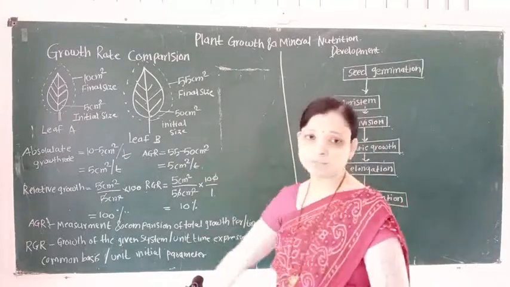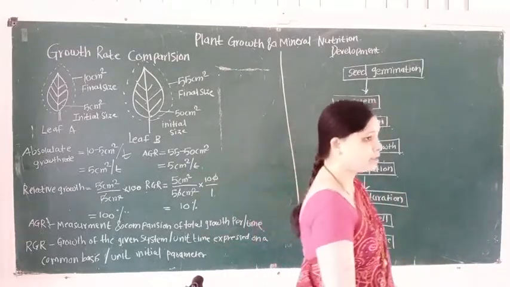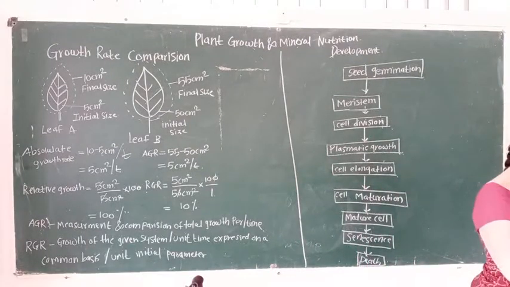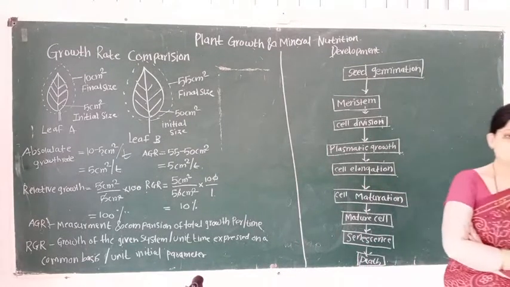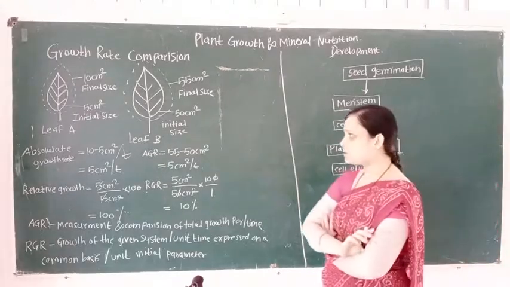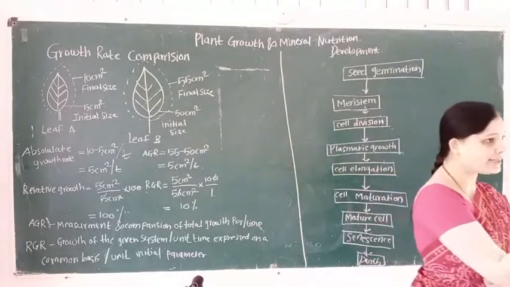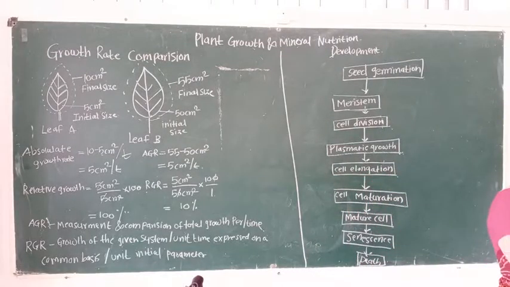Then we observe the second diagram. The second diagram is of leaf B. Leaf B has an initial size as well as a final size.